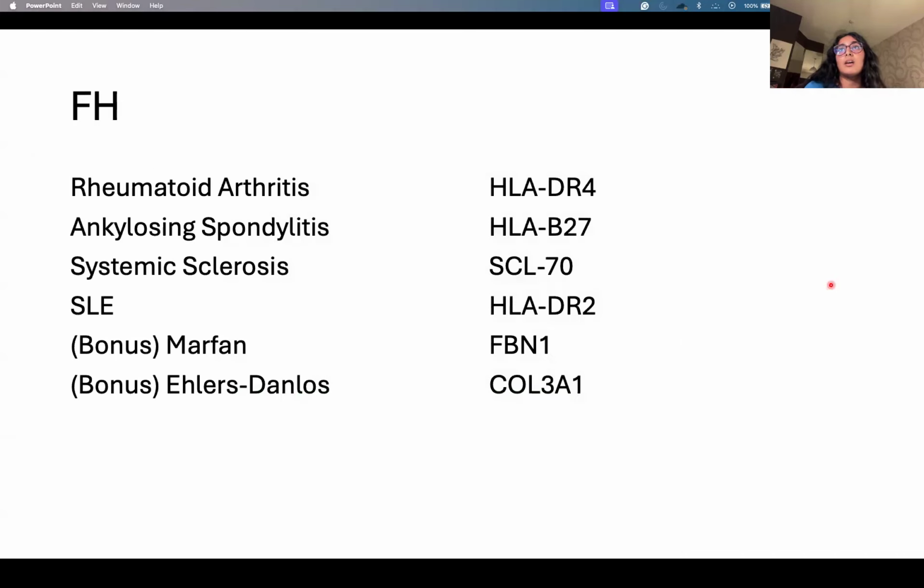So here's the summary of the markers. Like I said, people can be positive for more than one. These four are definitely good ones to know. These ones are handy if you want to know more about them.